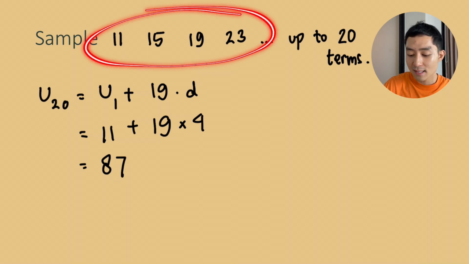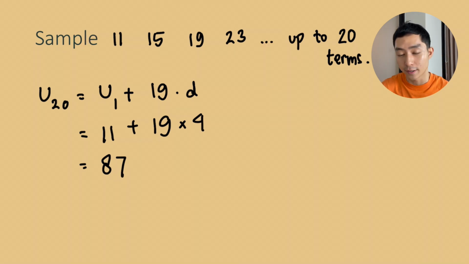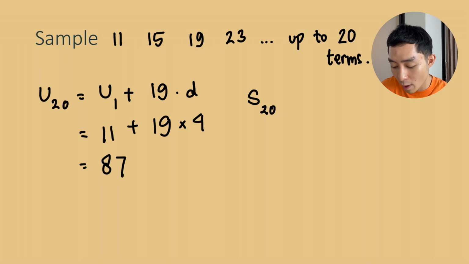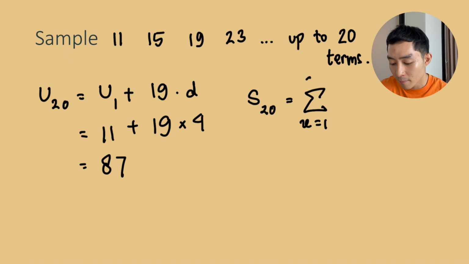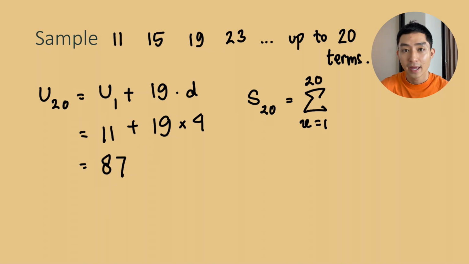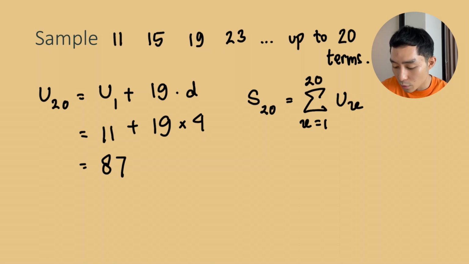Now let's find the sum for this series up to 20 terms. So it is S20, right? I will show you how to write that in sigma notation and also how to calculate that with the formula. In sigma notation, you will write that you want to sum everything from the first term until the 20th term, and it will be Ux.